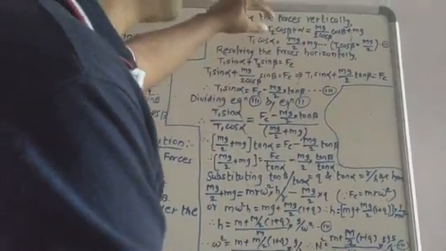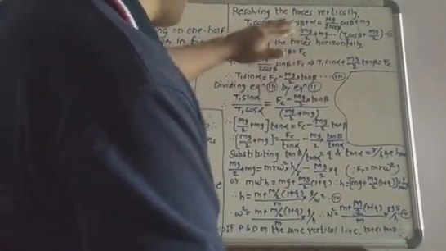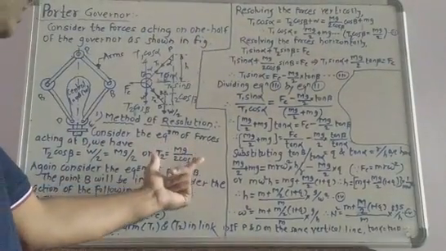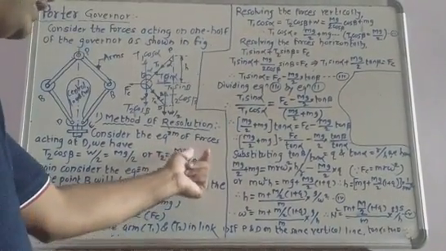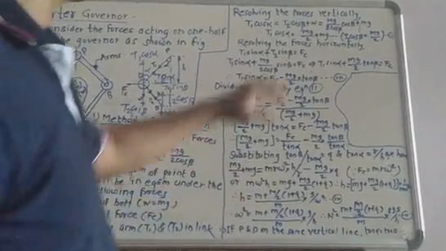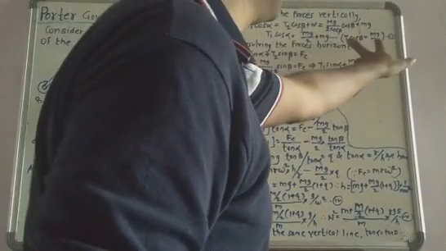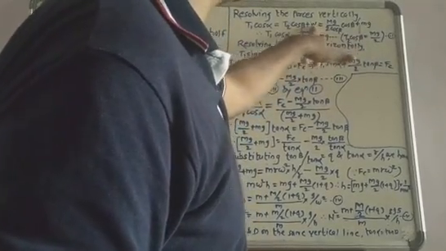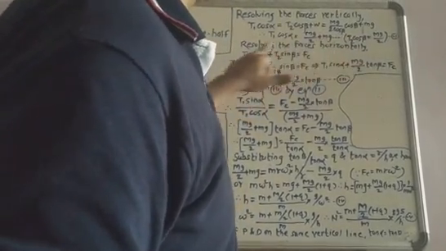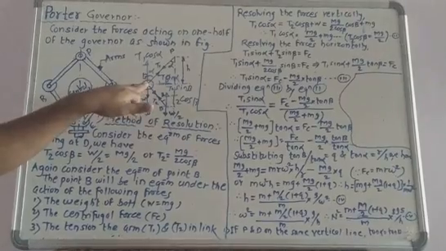Now what about T2? We already have the value for T2: T2 is mg by 2 cos beta. So replace T2 by this term. T2 cos beta is mg by 2 here, and this small w is nothing but mg.